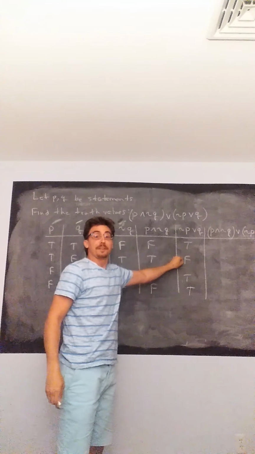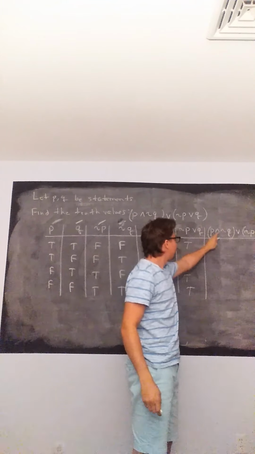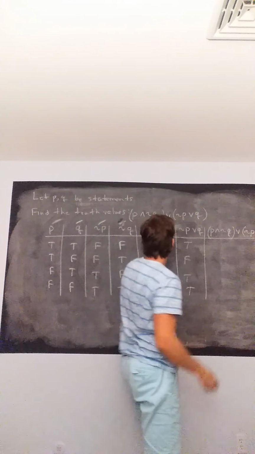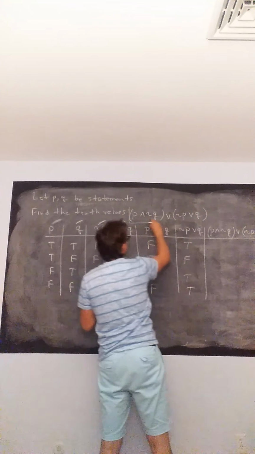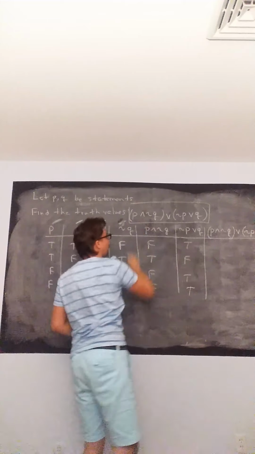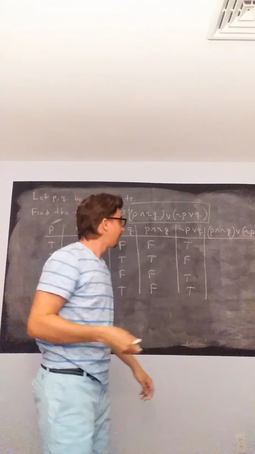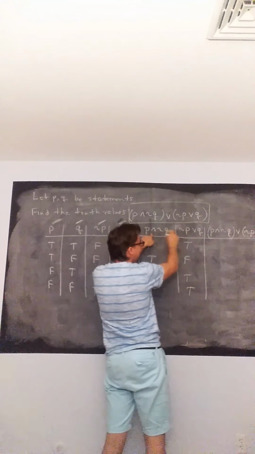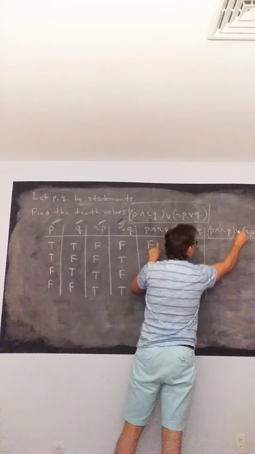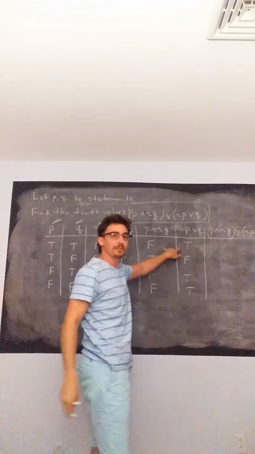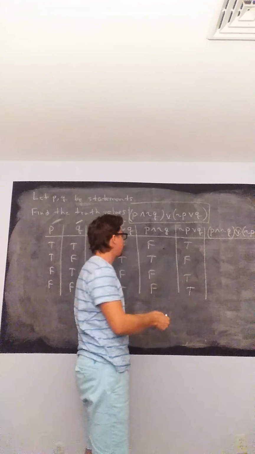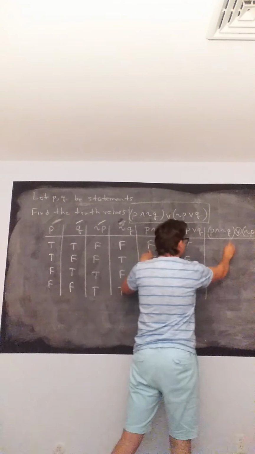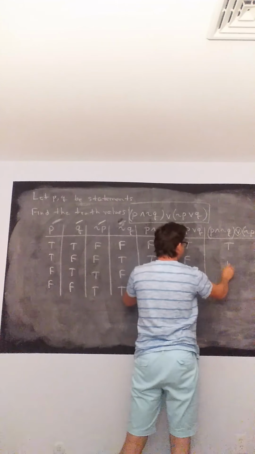And last but not least, of course, is the last column, which is the whole statement itself. So we want to look for the truth value of the whole statement. That's why we do the table. So we're looking at this guy, and this is an or. As long as one of these is true, then the whole statement's true. So you have false and true, so that's true. True and false, that's true.